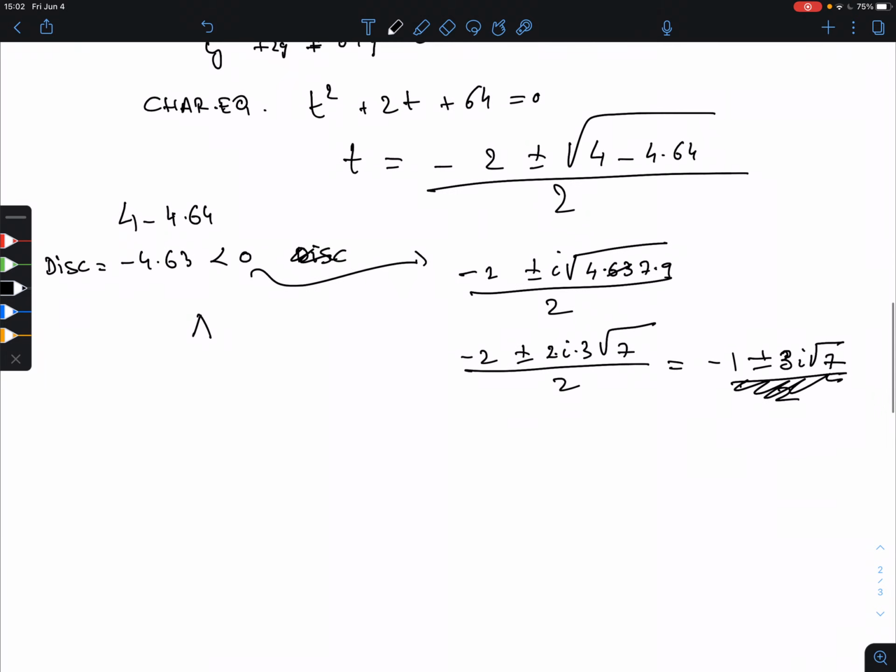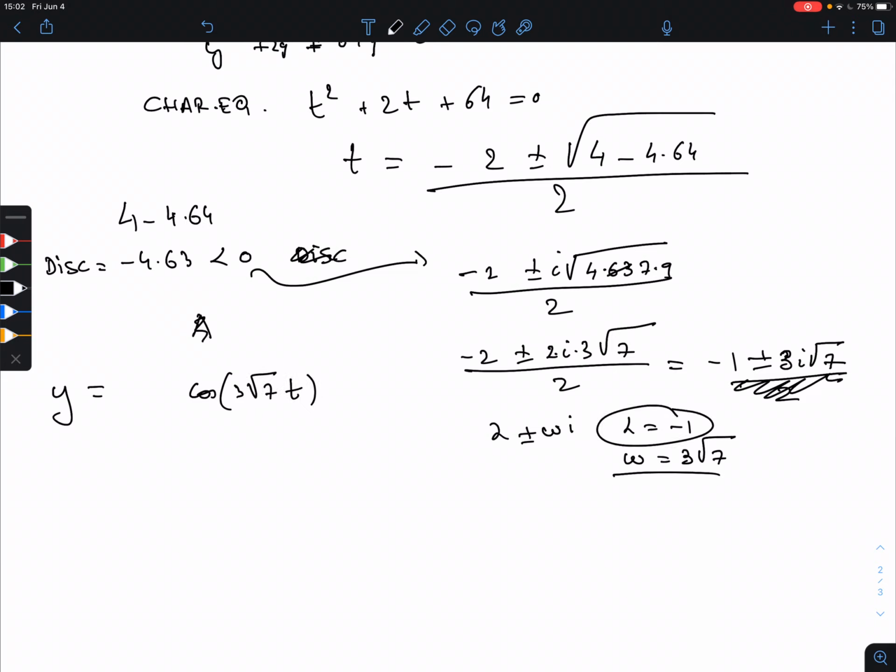This tells me that, remember, this is how we write our number, so lambda is minus 1 and omega is 3 radical 7. So the homogeneous solution looks like e to the minus t times the cosine of 3 radical 7 t.